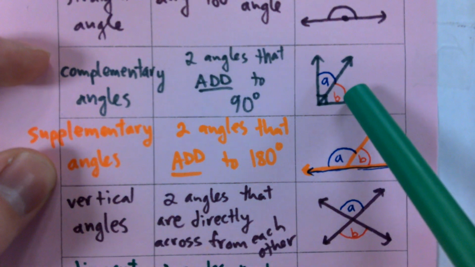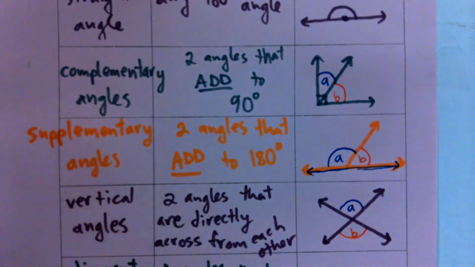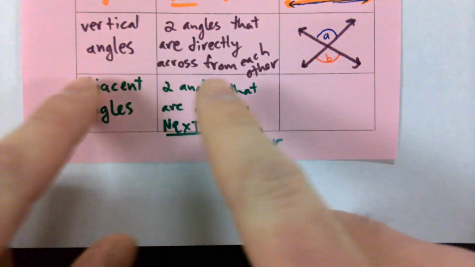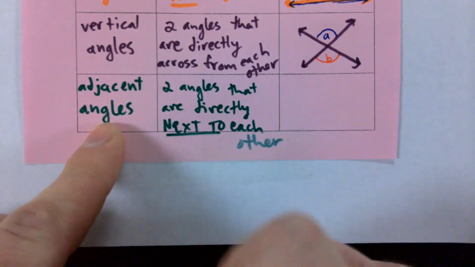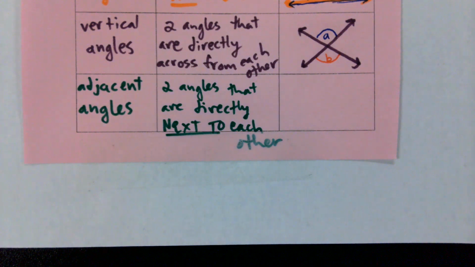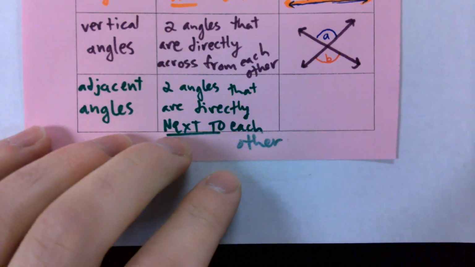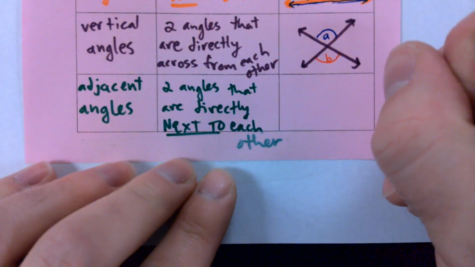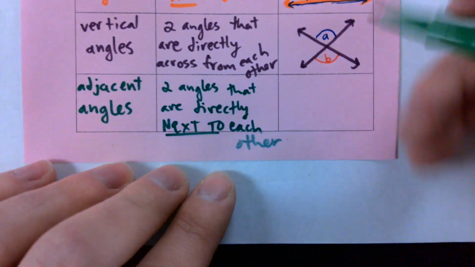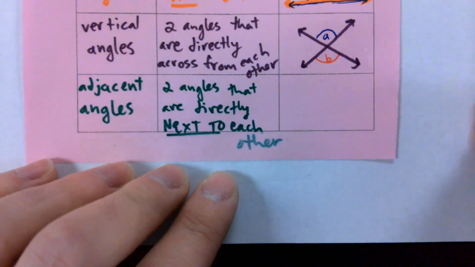So all complementary angles and all supplementary angles are also adjacent angles. But when we're talking about specifically adjacent angles, if we were going to classify a pair of angles as adjacent angles, it would basically just be anywhere in between 0 and 180 degrees, but not 90. I just made it a little bit more confusing.